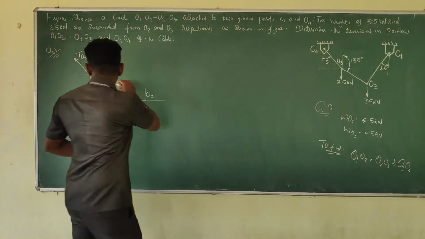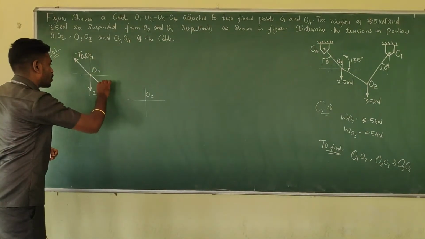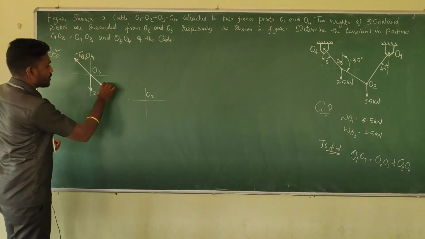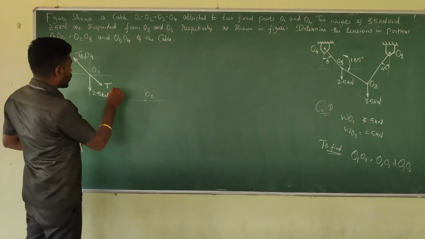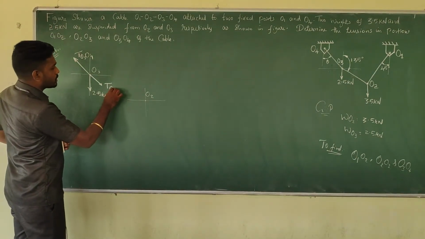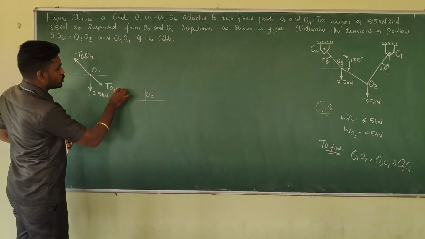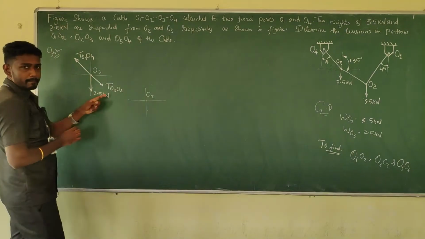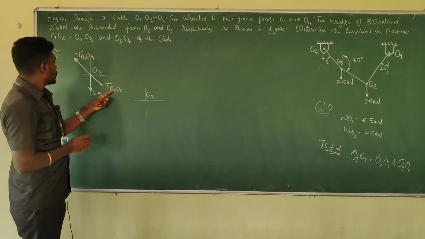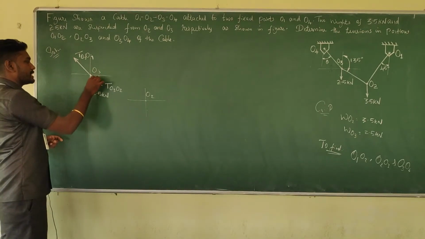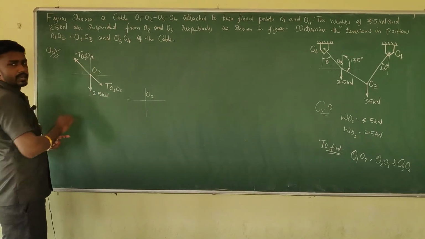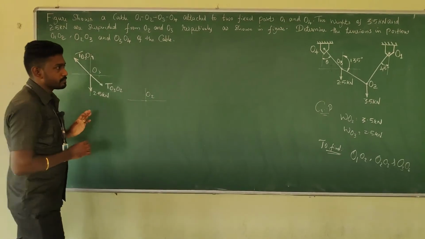So in the fourth quadrant, I take the tension force from O3 to O2, which is going outward here. Now I need this angle, as well as this angle. Try to find it.